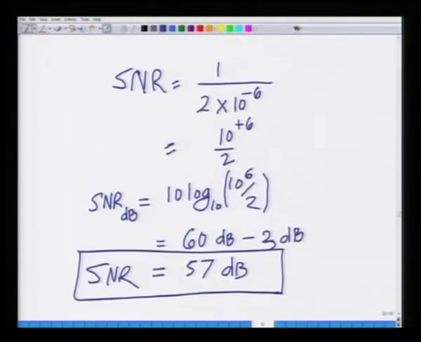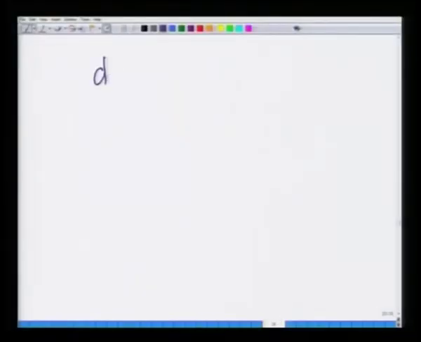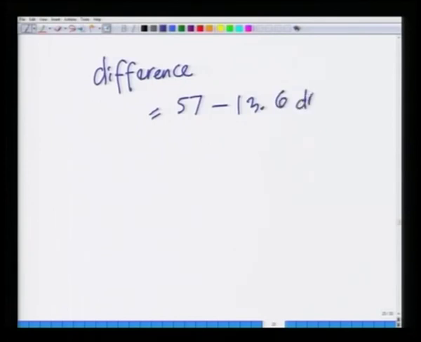That is, the difference between a wireless and wired communication system is 57 minus 13.6 dB, that is approximately 43 dB. I need 43 dB more power in a wireless communication system to achieve the bit error rate of 10 power minus 6. All right.